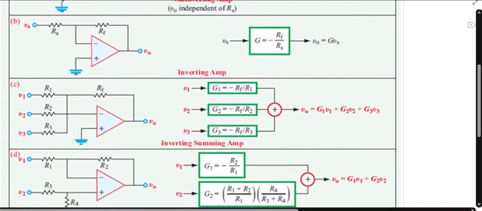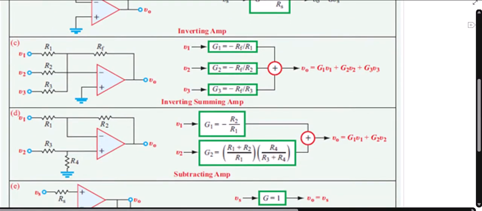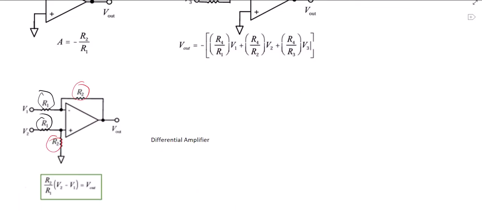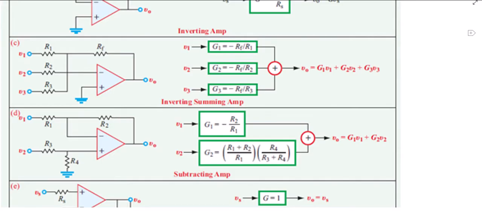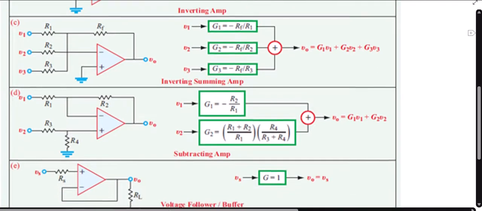And then we have the inverting summing amplifier. And if you had noticed on the first page, it was a sum, but it was also inverted. There was the negative there. And then we have the subtracting amplifier.